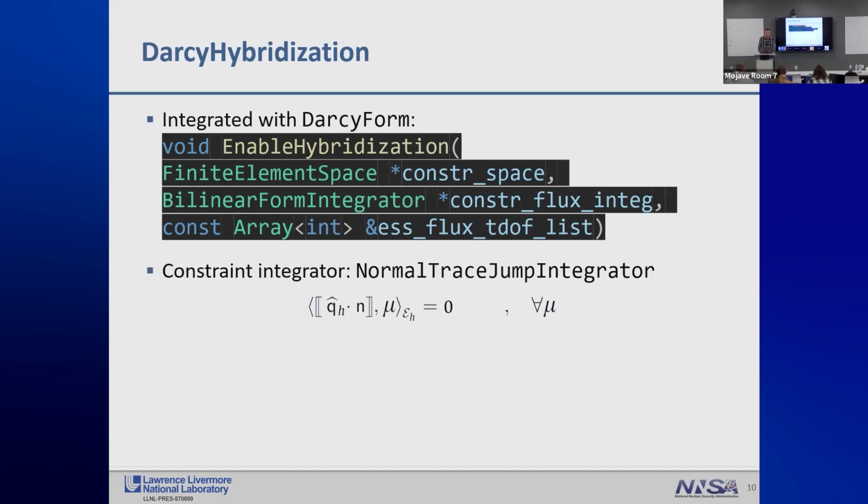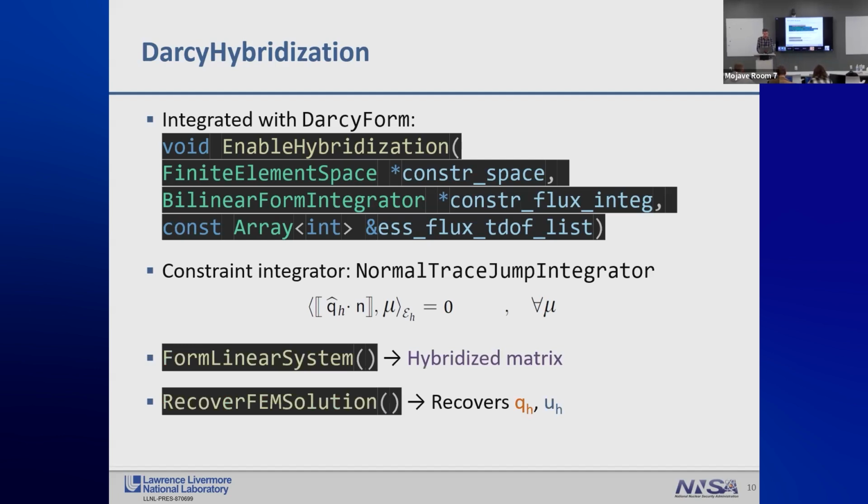For the constraint integrator, you have this normal trace jump integrator, which corresponds with its constraint. And then the linear system gives us directly the hybridized matrix.